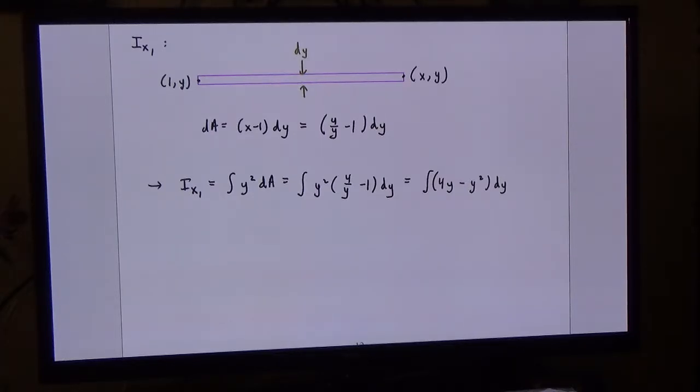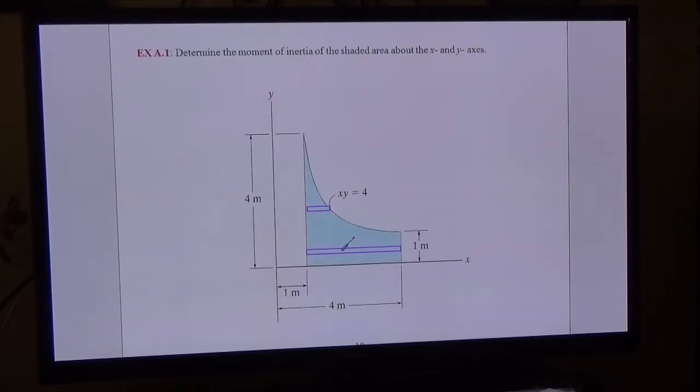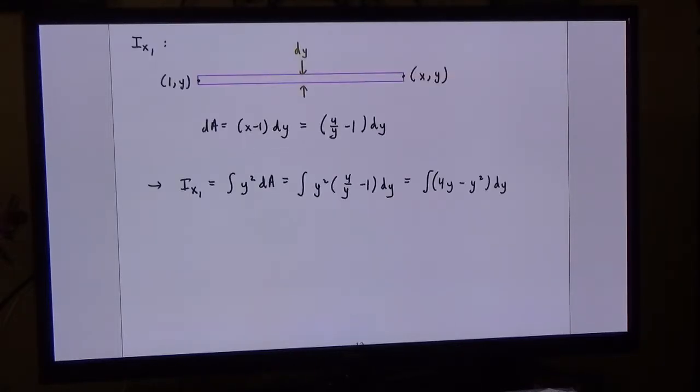My limits are based on y for the upper part. So for this upper section, the lower bound of y is 1, the upper bound of y is 4. Then I can take this integral, solve it, and for Ix part 1, I get 9 meters to the 4th.